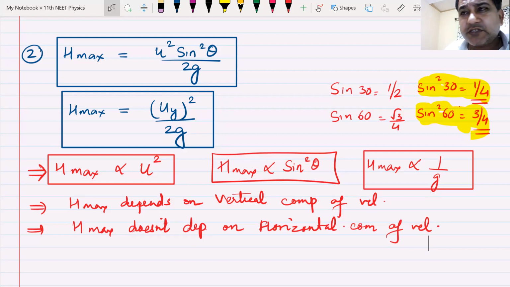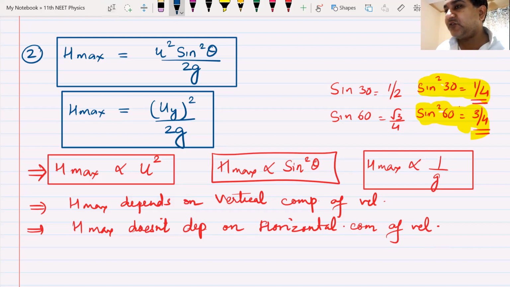We will be solving questions on all the three after we complete the third thing that we had to do. One was time of flight. Number 2 was maximum height. What was number 3? Range. Yes, Niharika.